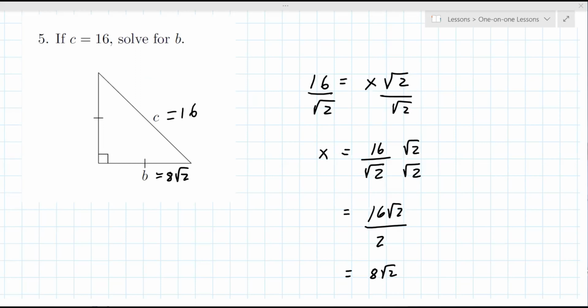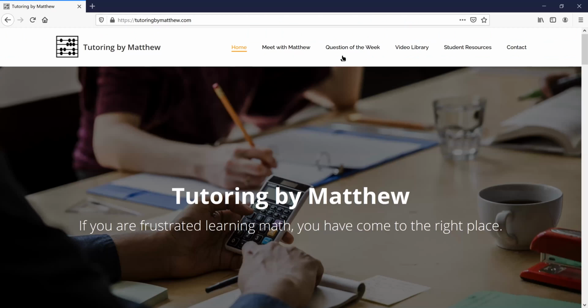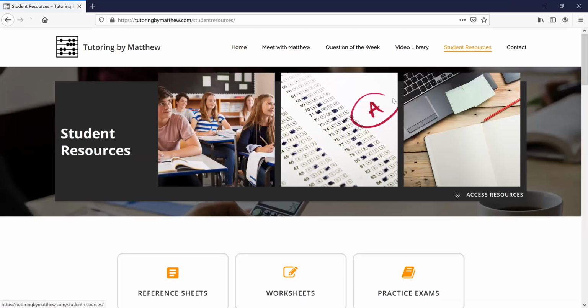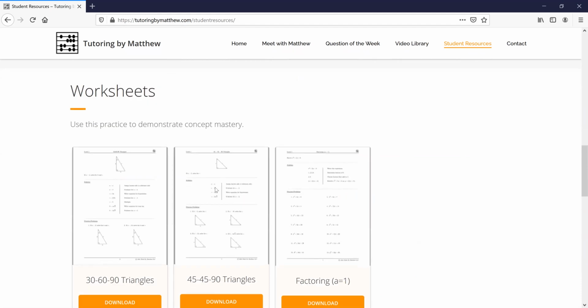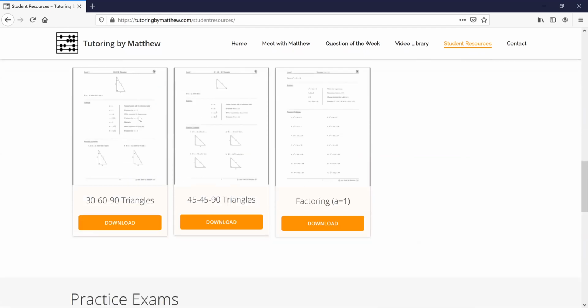In the meantime, what I'd like to show you is I put up some free references that I think would help you with this topic. Let me show you where they are. If you go to my website where you or your parents booked, there's a student resources page, and you'll see the reference sheet for 45, 45, 90 triangles and 30, 60, 90 triangles. But what you'll really like are these practice worksheets for 45, 45, 90 triangles and 30, 60, 90 triangles.